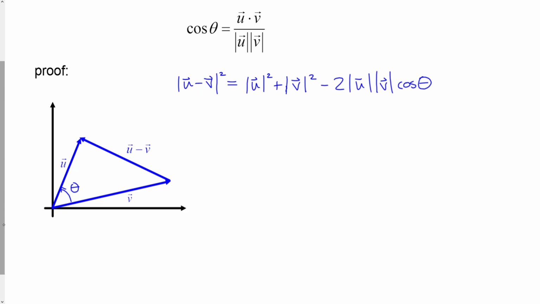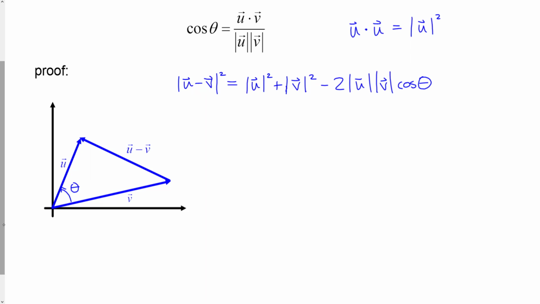But it's much easier if we work with this a little bit algebraically and rewrite this in an easier way. Now, the property that we have to work with is that vector u dot itself is equal to the magnitude of u squared. So we have a lot of magnitudes of vectors squared.